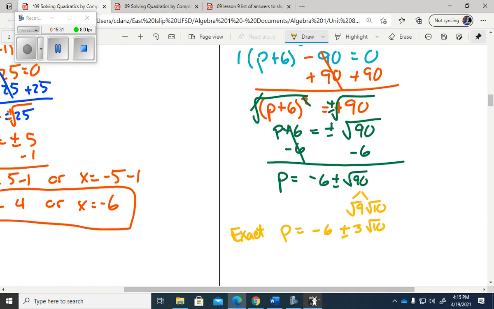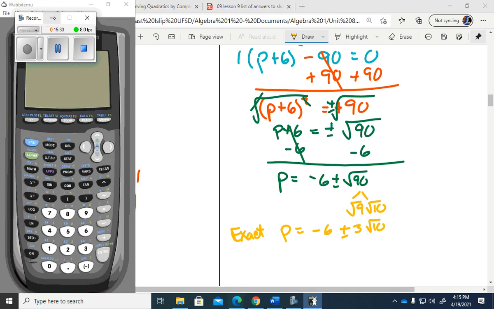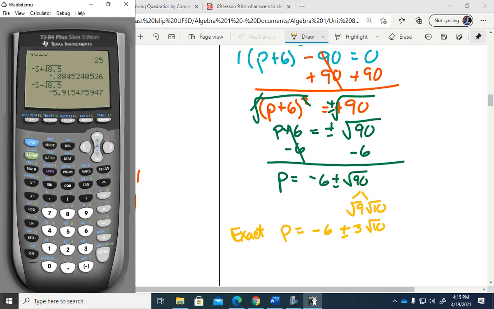If I want the rounded answer, I just open up my calculator. And in your calculator, type exactly what you see. Negative 6 plus 3 square root 10. Right? My screen looks like what's just written down. I just used the plus sign.